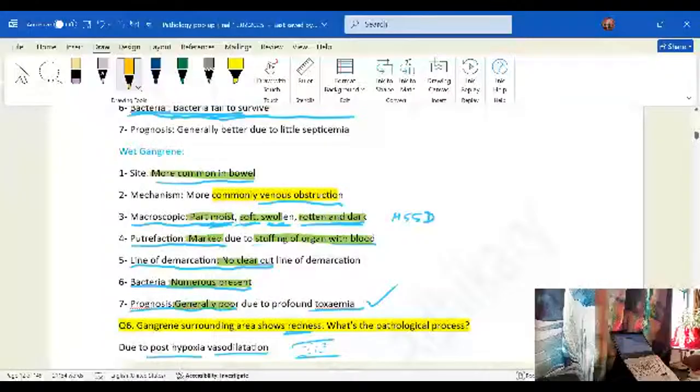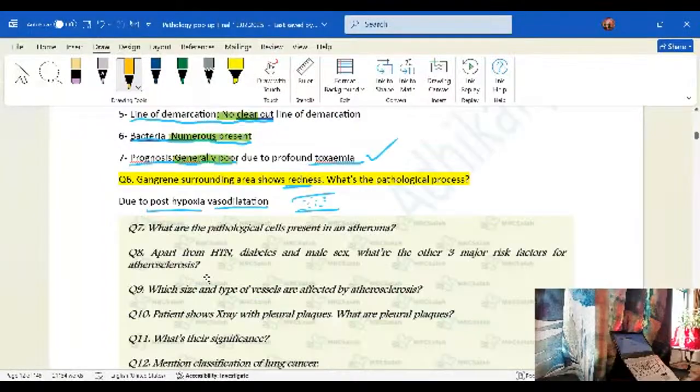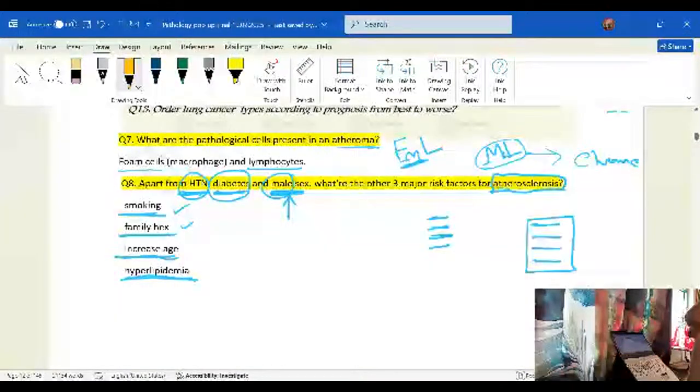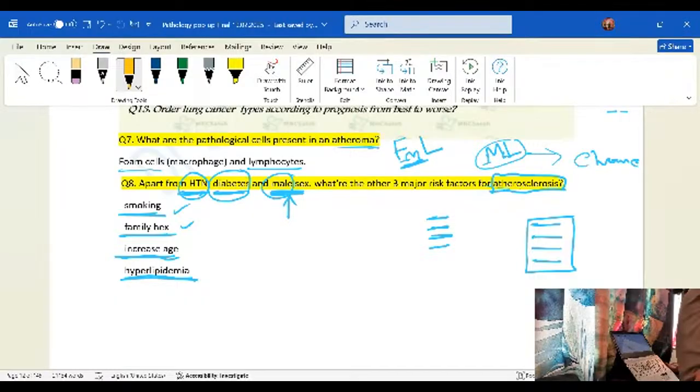What is the pathological process? Due to post hypoxia dilatation. What are the pathological cells present in the atheroma? There are foam cells and lymphocytes. Apart from hypertension, diabetes, and male sex, what are the three major risk factors for atherosclerosis?